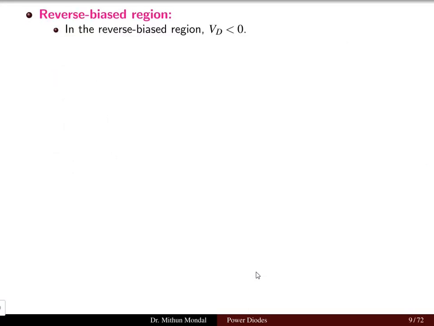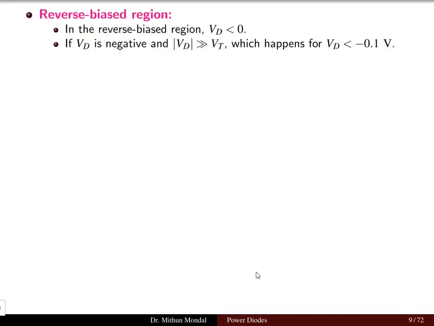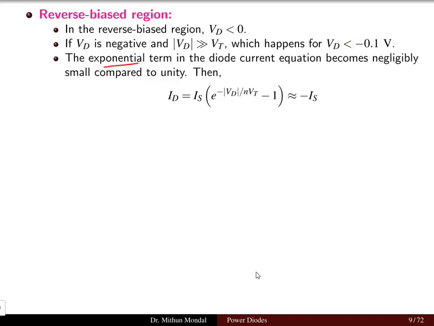In the reverse bias region, the diode voltage is less than 0 and is negative, and the magnitude is very much greater than the threshold voltage. Here negative indicates the reverse direction. The exponential term in the diode current equation becomes negligible and small compared to unity.